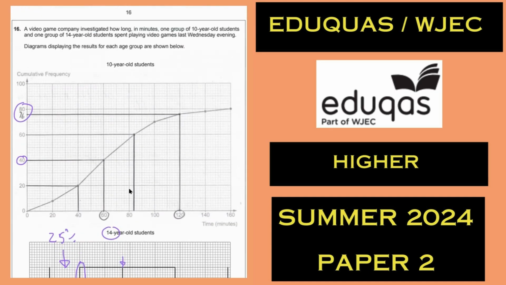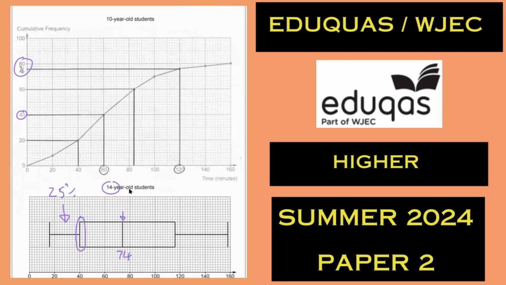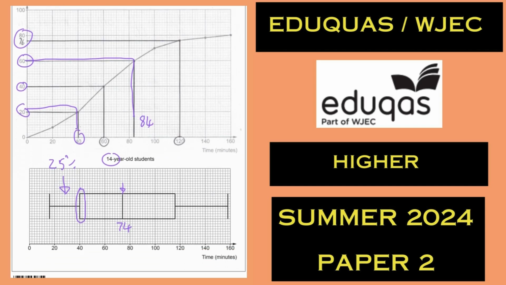Part C, compare the interquartile range. Back we go. For the 10-year-olds, interquartile range, I get the upper quartile to be 84, the lower quartile to be 40. So your interquartile range, subtract them to get 44. That's for 10-year-olds. For 14-year-olds, it's a bit easier.